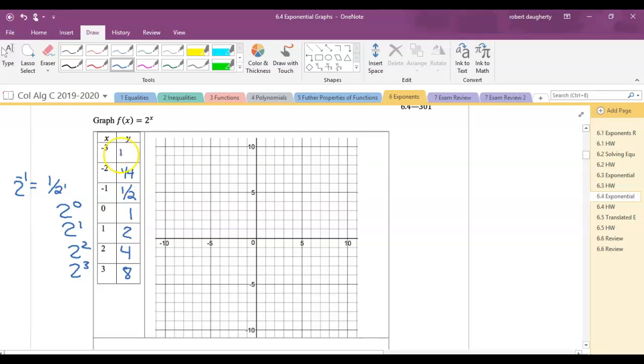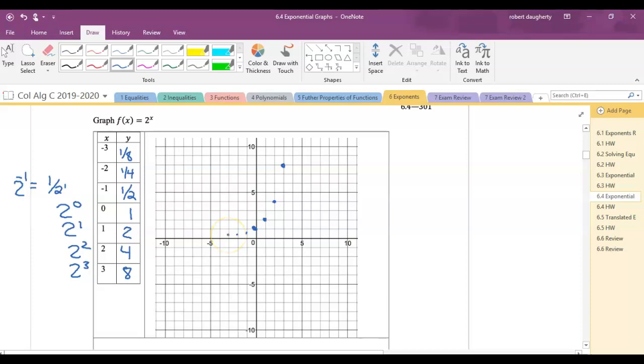And 2 to the negative 3 is 1/8. So 0, 1; 1, 2; 2, 4; and 3, 8. And then negative 1, 1/2; negative 2, 1/4; negative 3, 1/8.